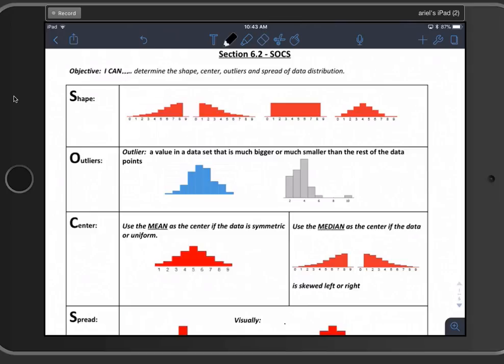And then this one right here, because it goes right down, we'll say right. Now this one next, we will say it is uniform. And then this one over here is symmetrical.